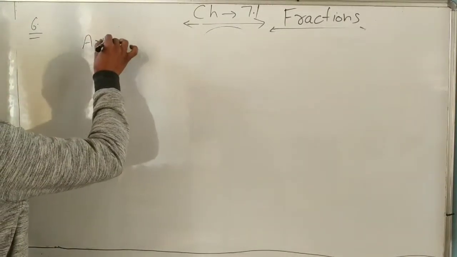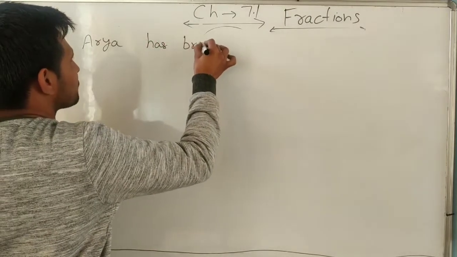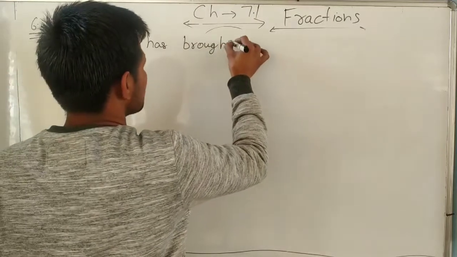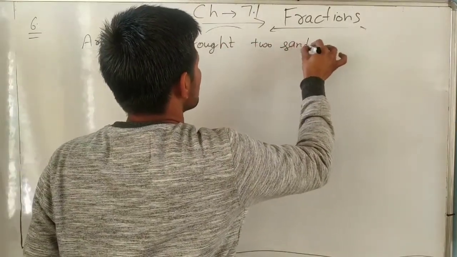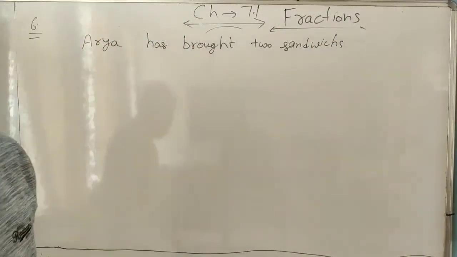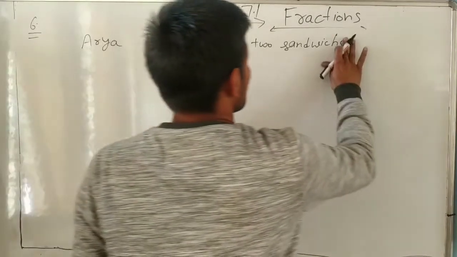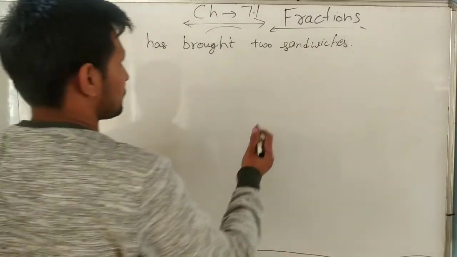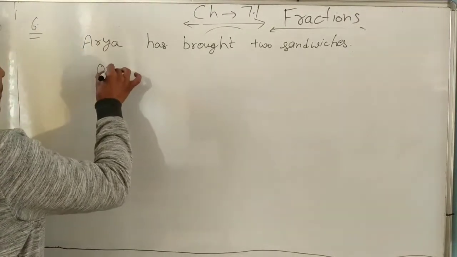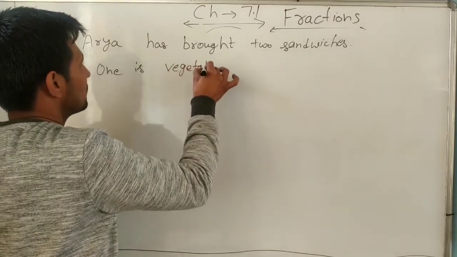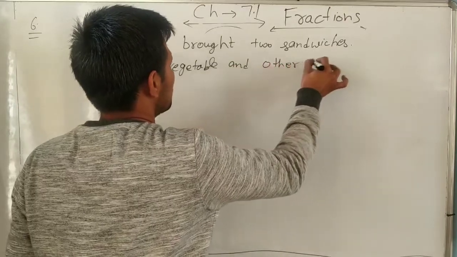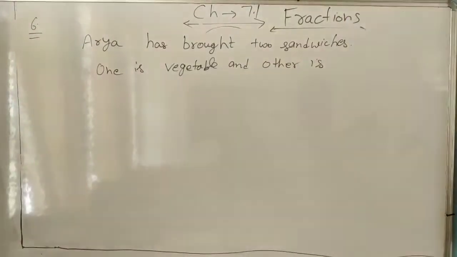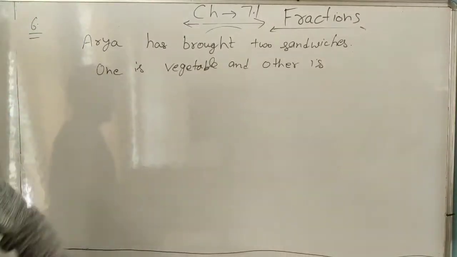So write, Arya has two sandwiches. One is a vegetable sandwich and another one is which one?